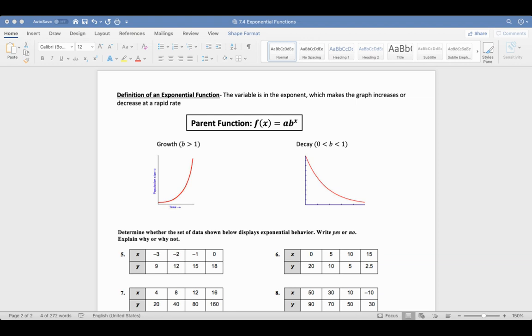So how did we find the ratio before? We took the second number divided by the first. So I'm going to come over here and say 10 divided by 20 is 1/2, or 0.5. Okay, next one. 5 divided by 10 is 1/2, or 0.5.